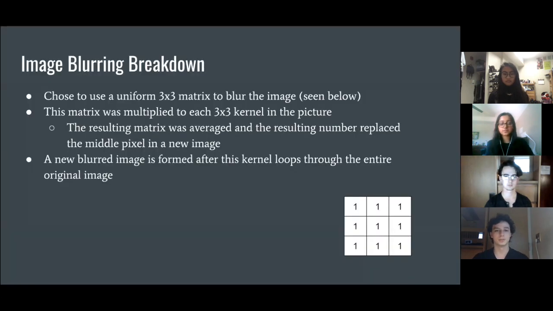Okay, so next with the image blurring, what we do is we first create a 3x3 matrix as seen below on the right. And we also take the array of the grayscale image that was created in the previous step. We create a for loop that is used to create a 3x3 matrix and applies that matrix around each separate pixel throughout the grayscale image, except for the very edges of the picture.